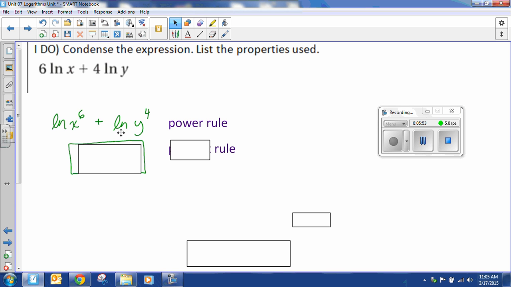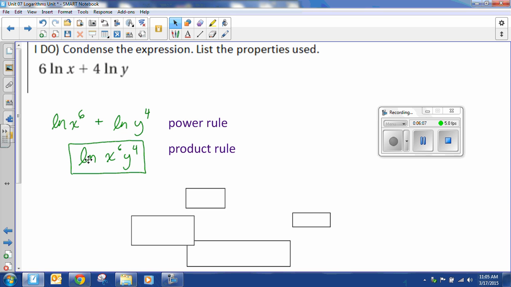So it's ln x to the 6th plus ln y to the 4th power. And then we're going to use the product rule to rewrite the sum of both of these logs as a single log, but the product of both of these. So the final answer is ln x to the 6th, y to the 4th.